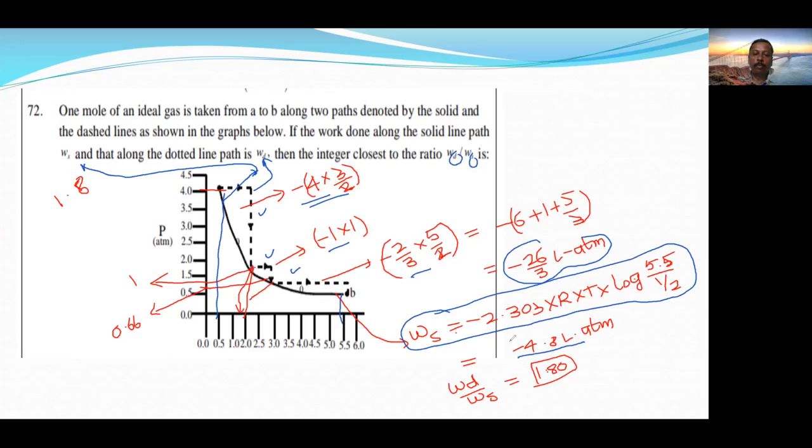So if you divide both of them, I am getting 1.80. Mainly in this graph, the pressure is 4, and the volume is supposed to be 3 by 2. It is supposed to be there, but some misalignment was made by the computer operator, so kindly adjust with that.